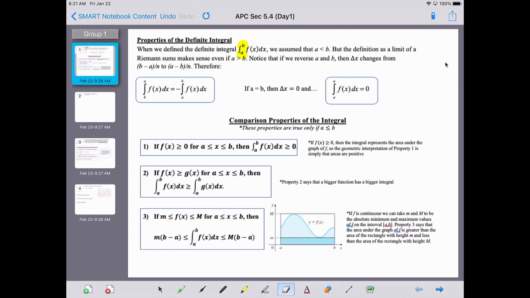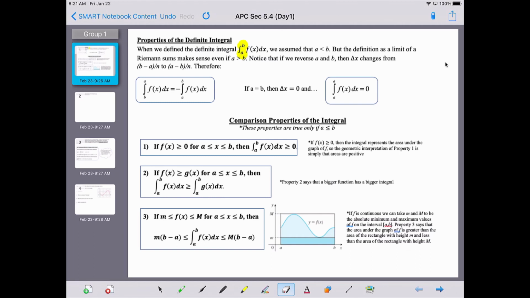Basically, this is illustrated with a picture here, and it says that if we have this function f of x and we call the horizontal line little m the minimum value of the function, and we call the horizontal line capital M the maximum value of the function, then it makes sense that the area of the rectangle above the x-axis but below little m has to be smaller than the area under the function, but the area under the function has to be smaller than the rectangle created by the x-axis and capital M, right?